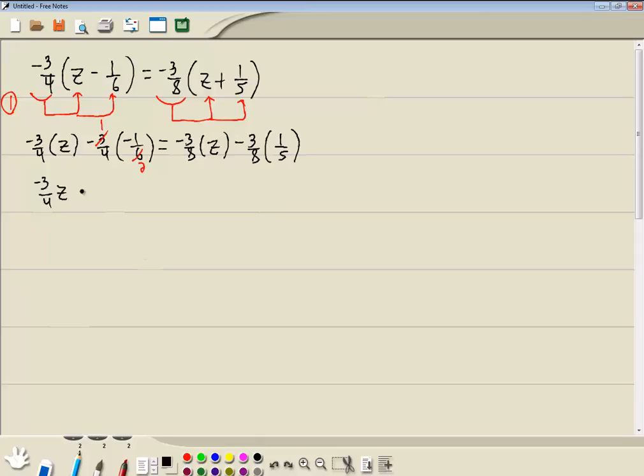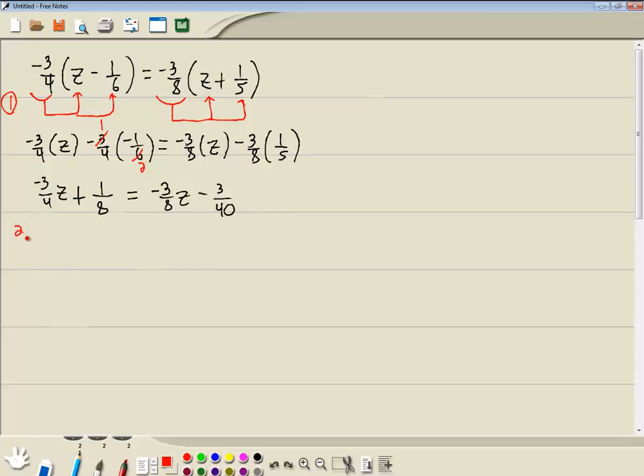So we got negative times negative is positive. 1 times 1 is 1. And 4 times 2 gives us 8. Equals negative 3/8 Z. And these, there's nothing to simplify, so I just multiply the tops, the numerators, and the bottoms, the denominators. 3 times 1 is 3. 8 times 5 is 40.